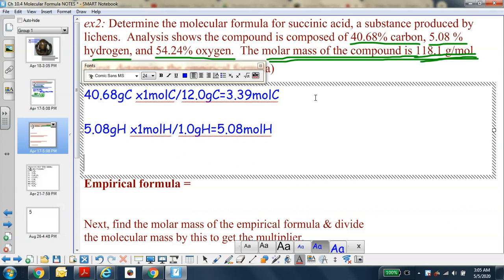Now finally we're going to do the oxygen. 54.24 instead of percent, put gram. Oxygen times 1 mole oxygen divided by the atomic mass of oxygen, which is 16.0 grams per mole, equals 3.39 mole oxygen.